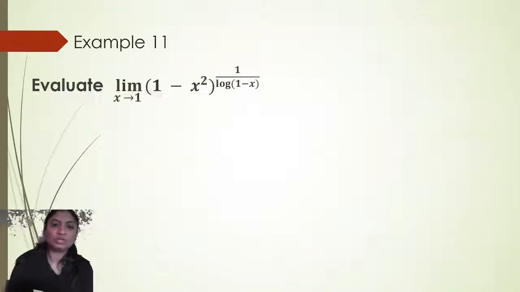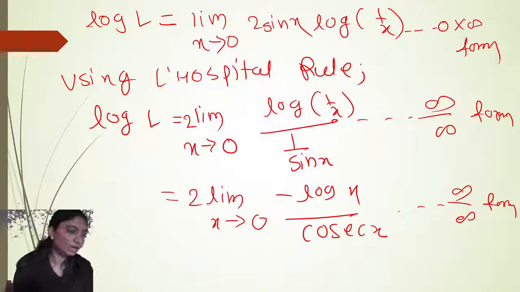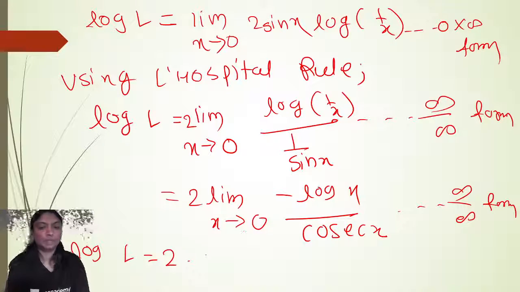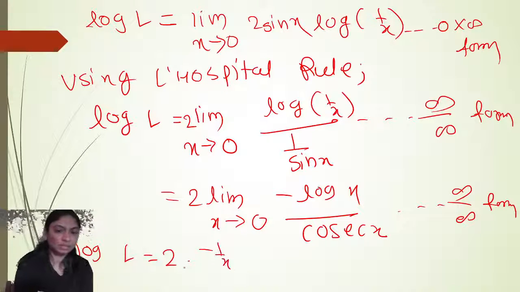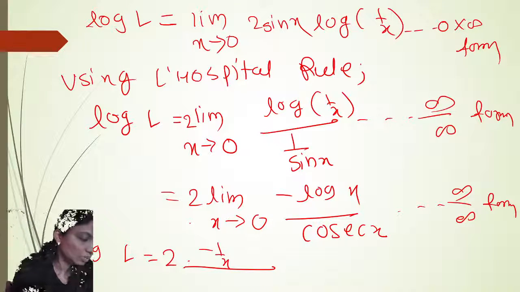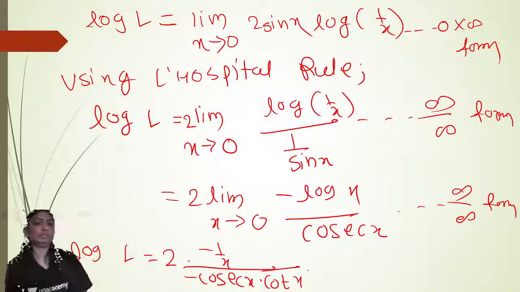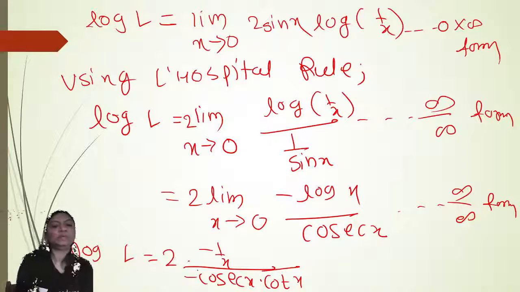Now, using L'Hospital rule again, you will get here log L is equal to 2 into minus 1 by x upon minus cosec square x, it means minus cosec x into cot x. Right? So this minus minus becomes plus.